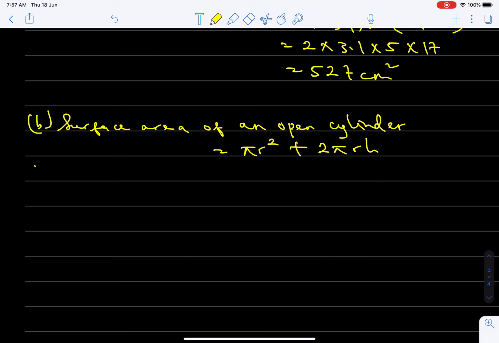So therefore, the area of cardboard needed to make a cylinder open at one end equals pi r squared plus 2 pi r h. That's 3.1, I think I want to write it under it.